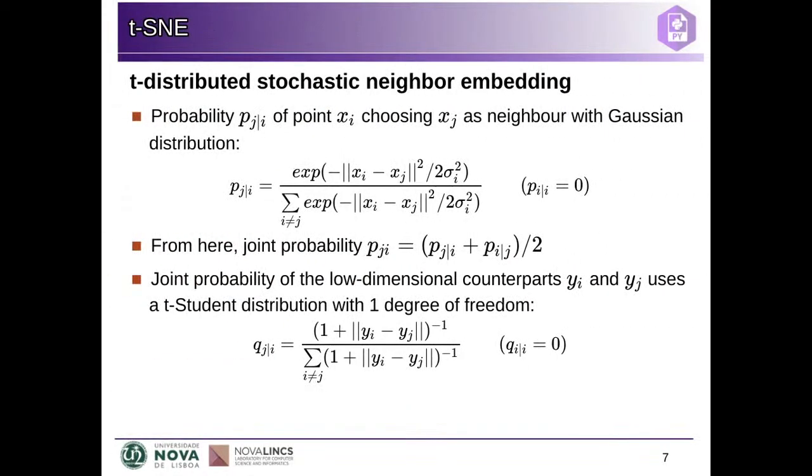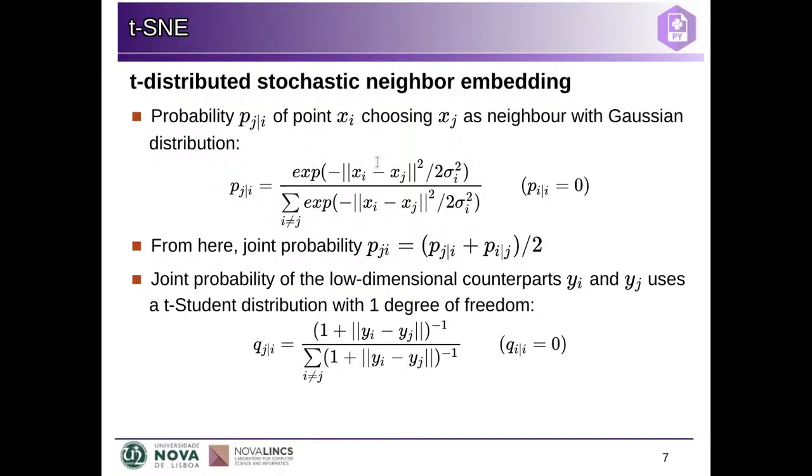So one very used algorithm for this is t-SNE, t-distributed stochastic neighbor embedding, and the idea is that we have a probability of selecting, for a given point, another point as a neighbor, and this is modeled as a probability with a Gaussian distribution. So the further apart the points are, the less probable they are of being considered neighbors.